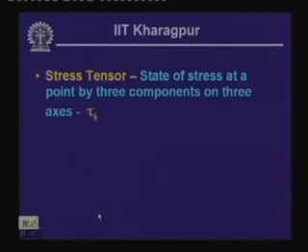Now, let us look into the state of stress at a point. As we have seen, the state of stress at a point is represented by those 9 stress components. Each stress state is represented by 3 stress components like sigma x, tau x y, tau x z, likewise in other planes.